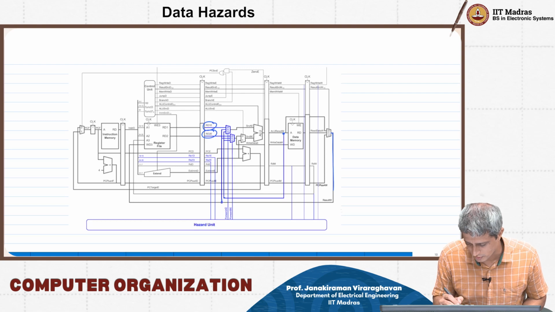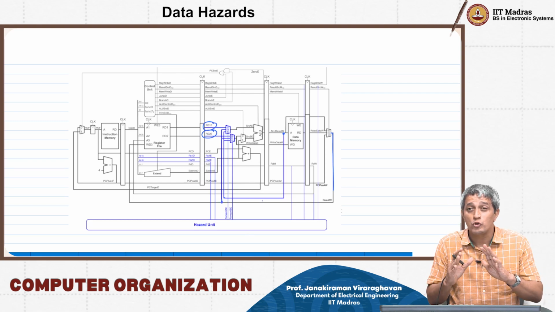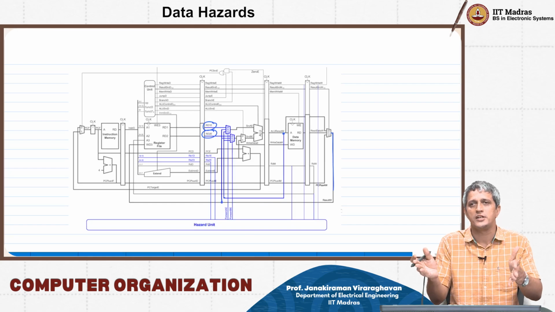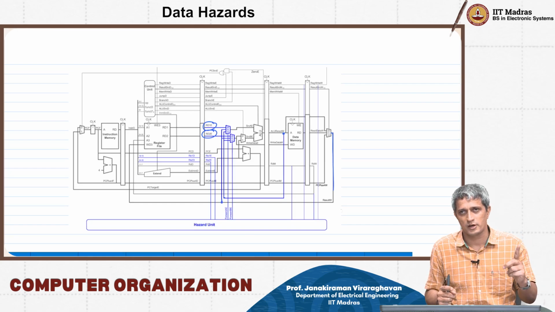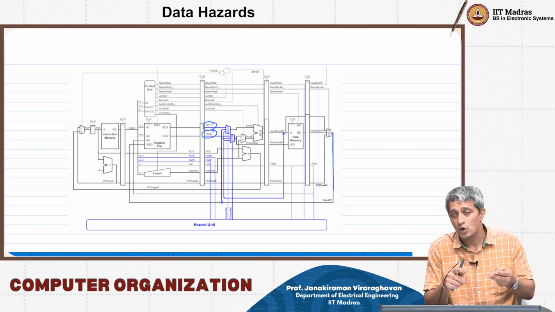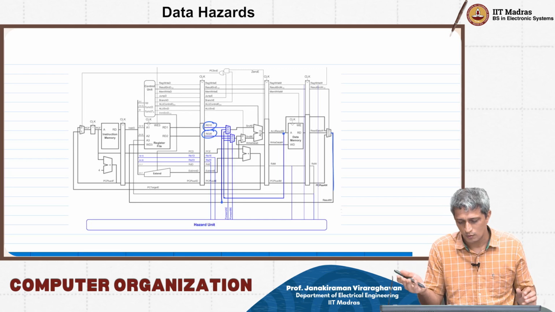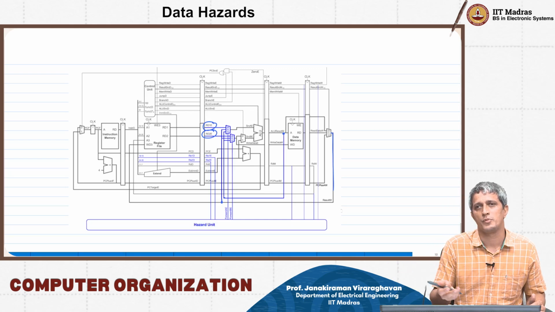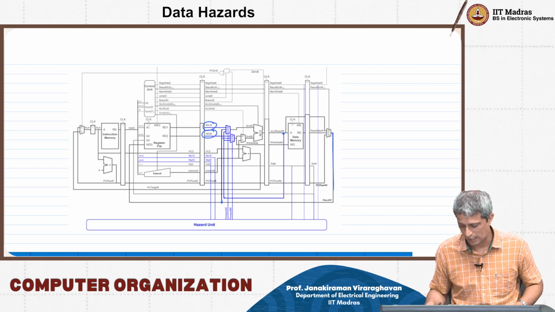So that's what this input is. You have to choose one of these three: either the register read from the register file, or from the ALU, or from the data memory. One of these three is what we want to choose for handling this.